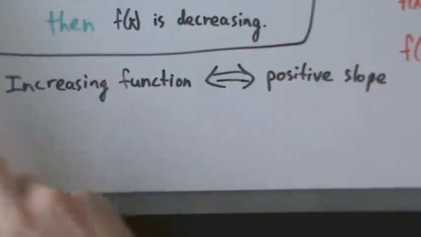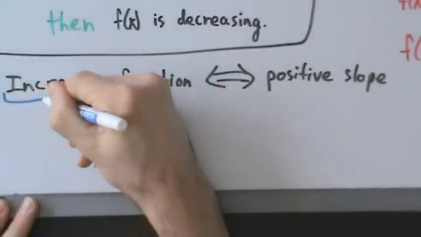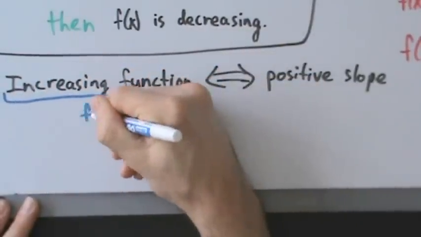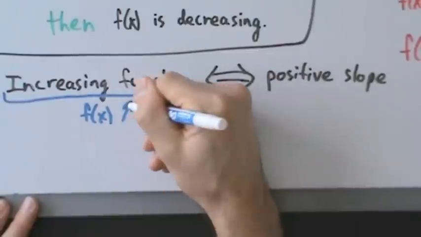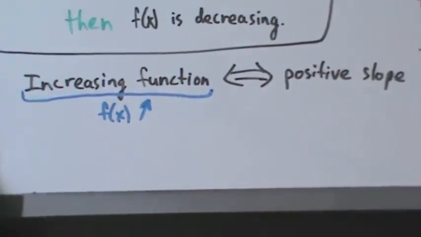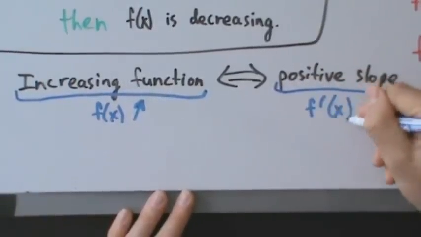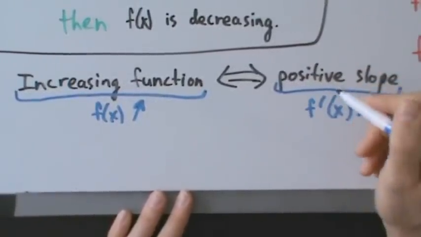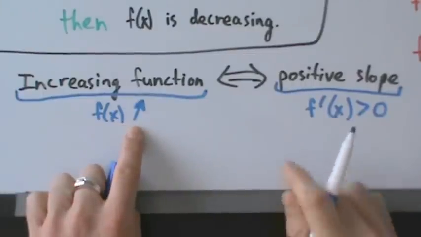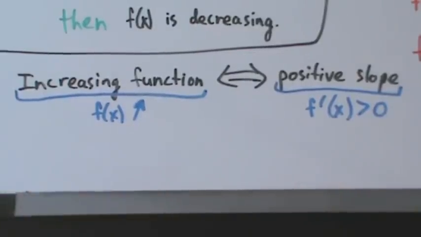And remember, increasing function means f of x is increasing, so the y values are going up. And positive slope means f prime of x is greater than 0. So f of x is increasing means f prime of x is greater than 0.